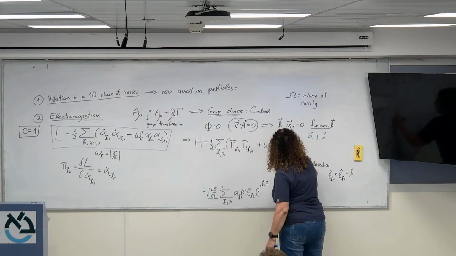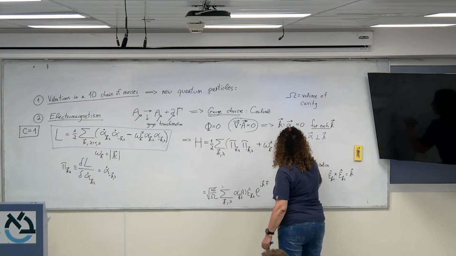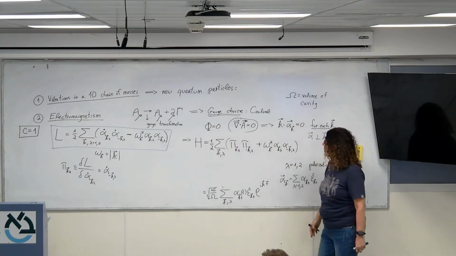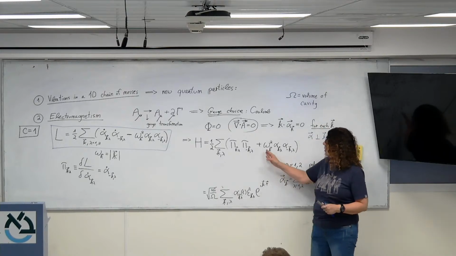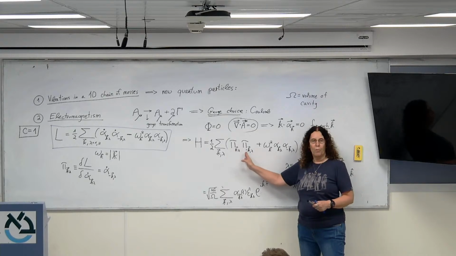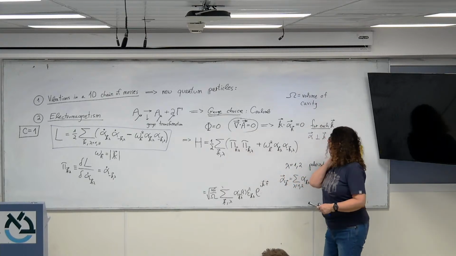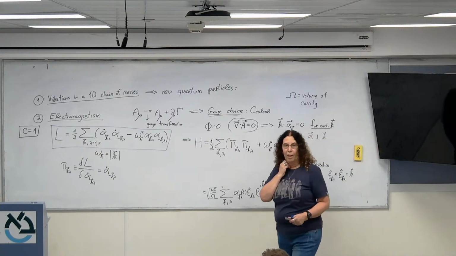So this is just the potential energy, and this is the kinetic energy in momentum representation. And once again, the coupling is that pi of k couples to pi of minus k. This is a Hamiltonian.